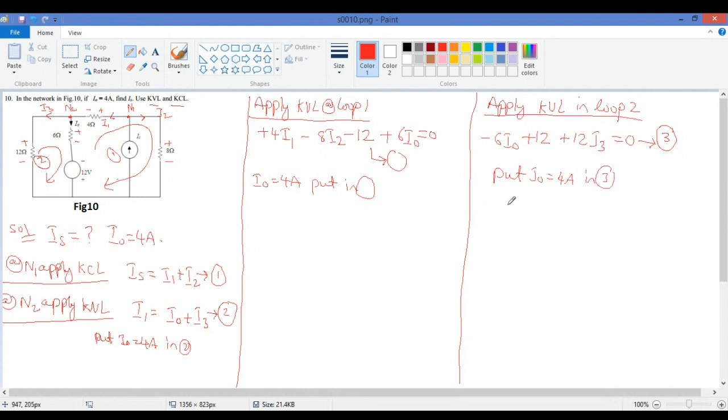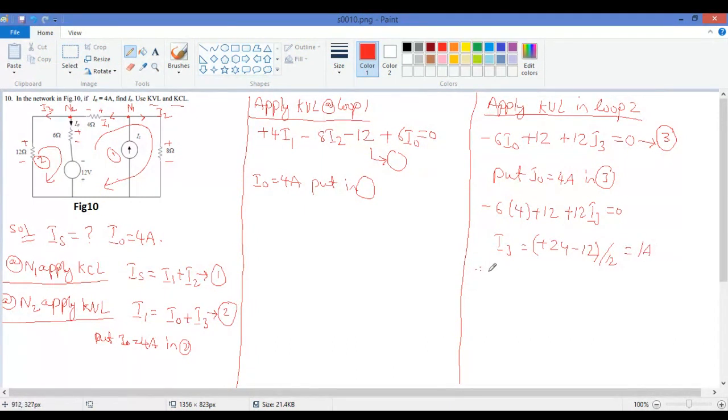When I put this in equation 3, minus 6 into 4 plus 12 plus 12 into I3 is equal to 0. Therefore, I3 is equal to plus 24 minus 12 whole divided by 12, which is 1 ampere.